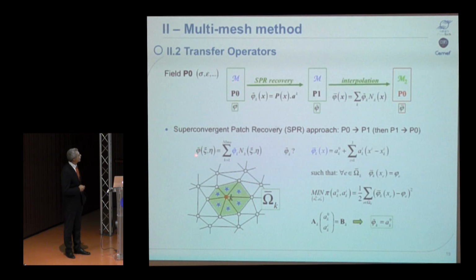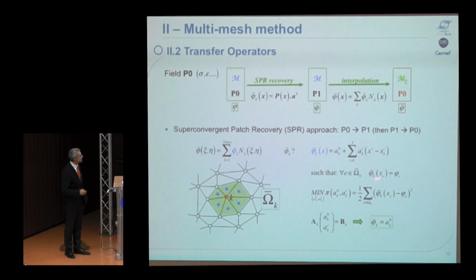So we try to compute a new field, the recovered field, as a function defined from the finite element function, and so the problem is to compute the value at the node, considering a patch and defining a first-order linearization, a linear and continuous field on that patch.